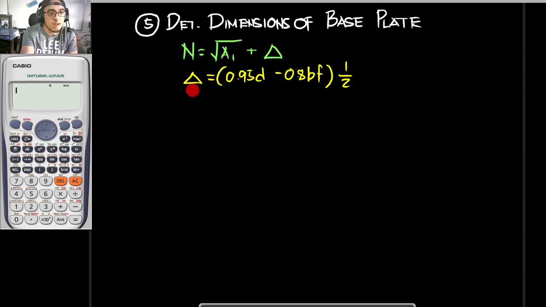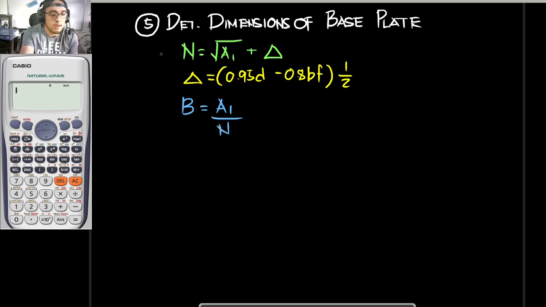And yung delta natin is this. So after that, for us to get the value for the base, for your base, that is to be area 1 divided by n.